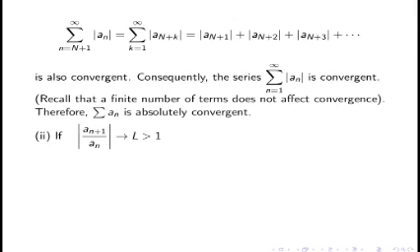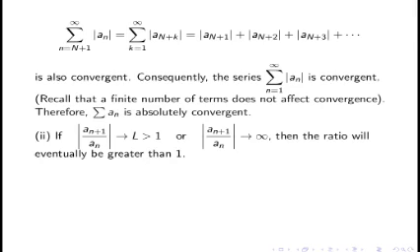What about the second case? Well, here the absolute value of a_(n+1) divided by a_n converges to a number L which is greater than 1, or it just grows larger and larger as n grows larger and larger. So then the ratio will eventually be greater than 1. It must be greater than 1, right? Eventually.